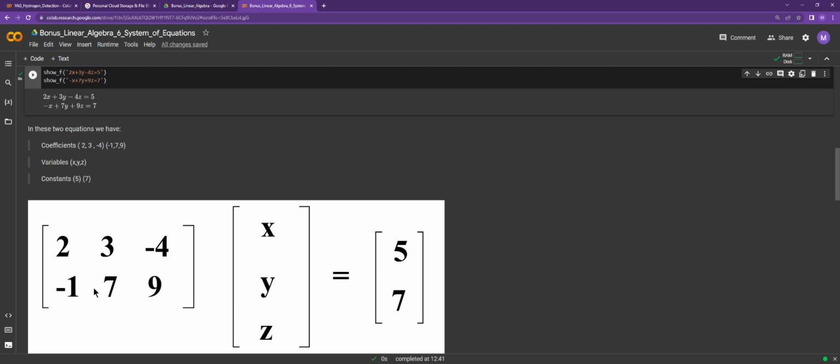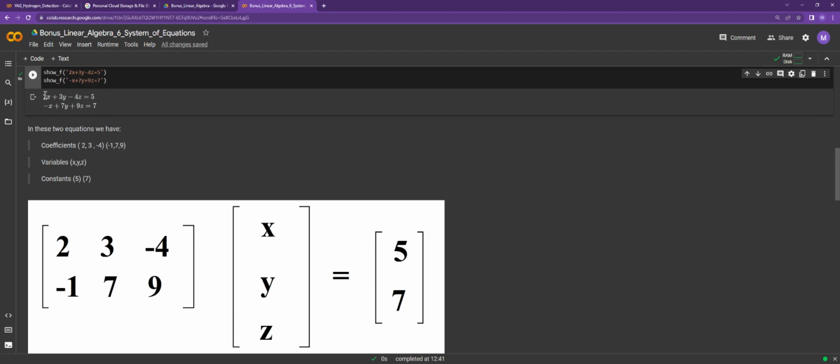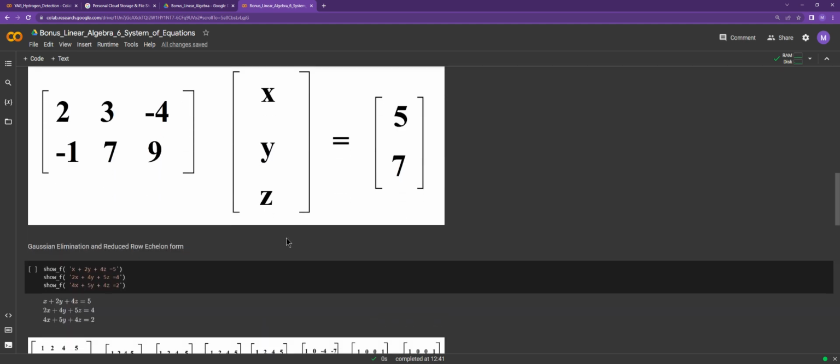And the second row would follow the same pattern, representing equation 2. So I want you to look at those formulas, and if this is new to you, try to make sense of how these two formulas can be represented in the form of a dot product between two matrices.